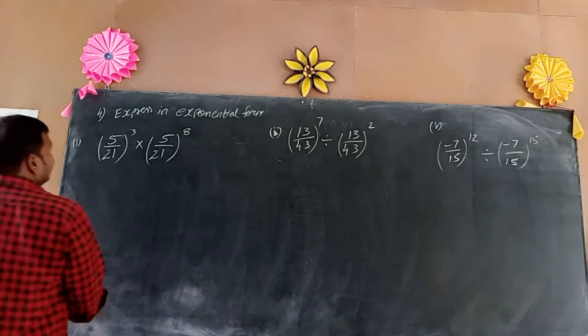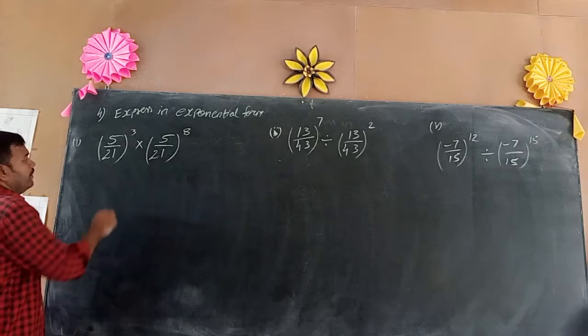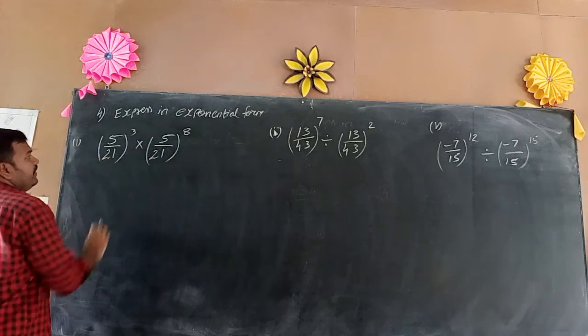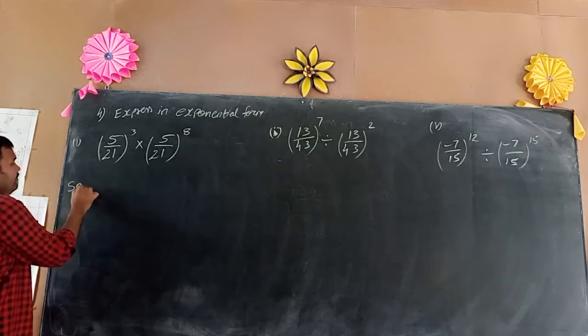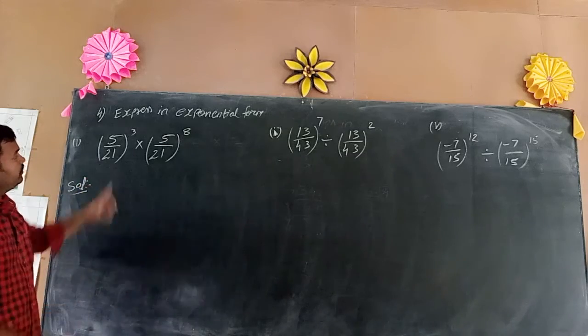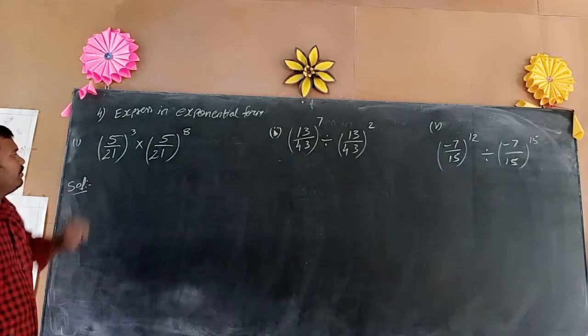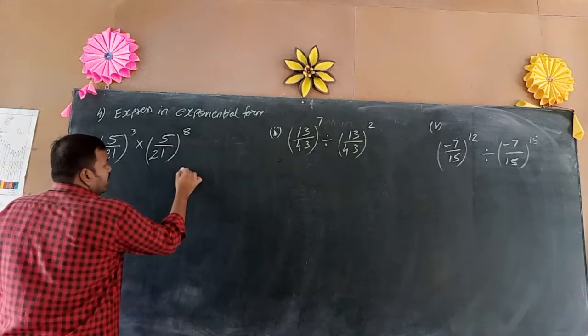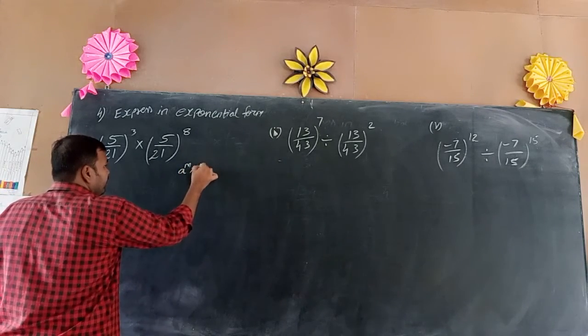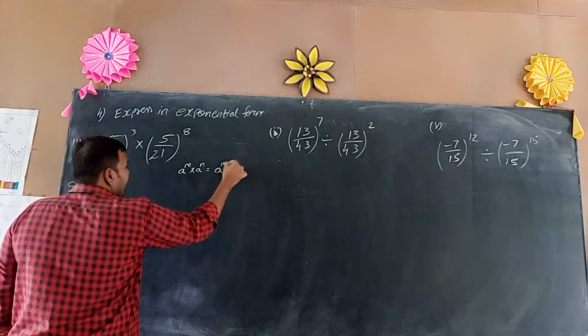So here, expressing in exponential form, 5 by 21 and 5 by 21 are the same, but 5 power 3 is there and 5 power 8 is there. So we have to apply the product law formula. What is the product law formula? A to the power of m into a to the power of n is equal to a to the power of m plus n.